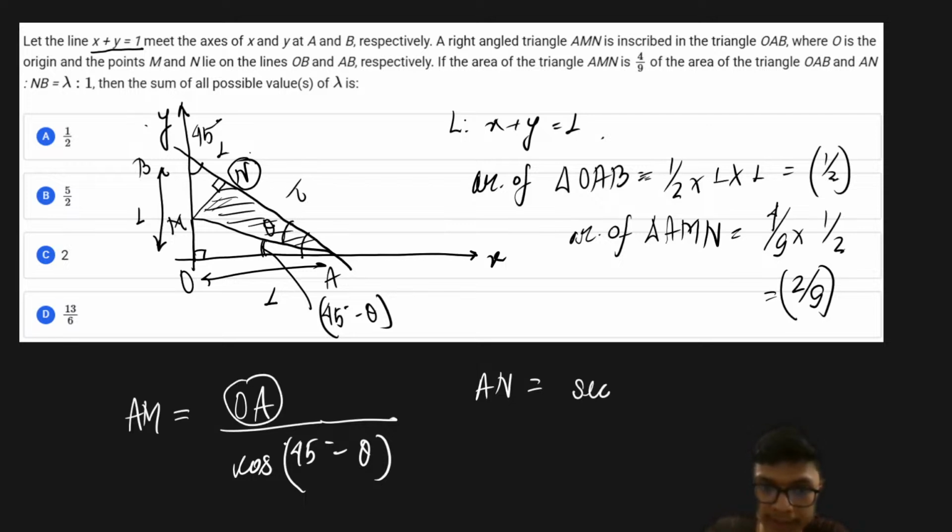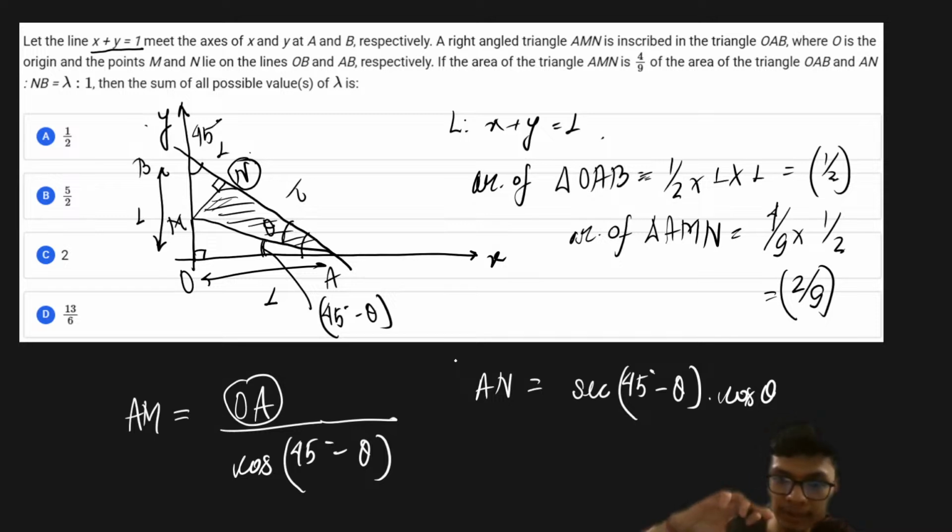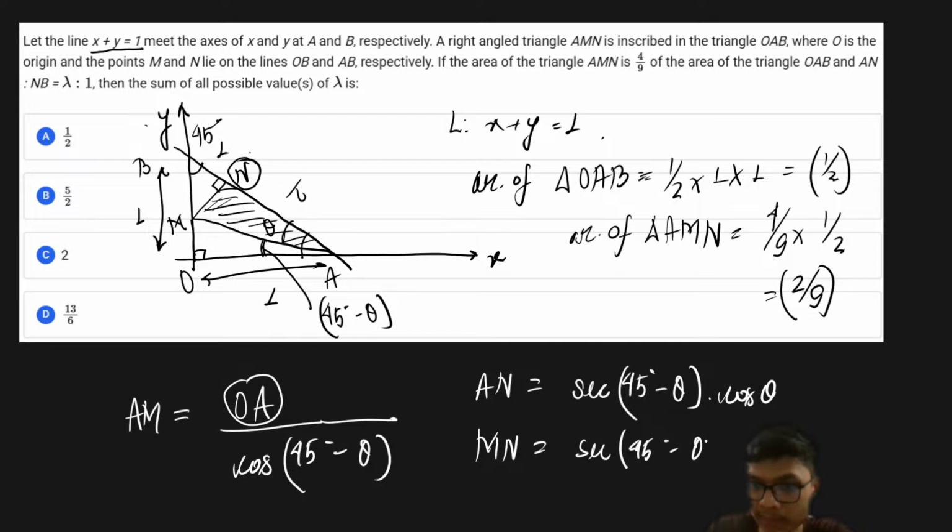OA is basically 1, so I can write 1 upon cos, which is basically sec of 45 minus theta. So this is going to be sec of 45 minus theta into cos theta, because I need to find AN, and AN is basically the projection on this line, which is going to be that particular AM distance into cos theta. And similarly, you can find MN is basically going to be sec of 45 minus theta into sine theta. I hope this part is clear, right?